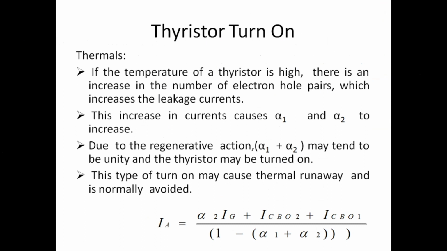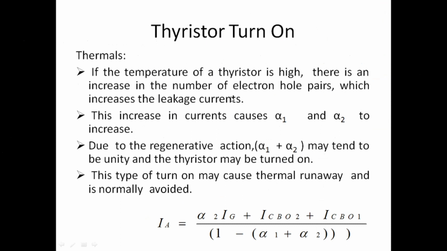Like this, more electron-hole pairs will be generated, because the thyristor receives energy from the surrounding area whenever its temperature is high, in the sense that it is high because the surrounding area temperature is high. That itself will cause more electron-hole pair generation, which increases the leakage current.